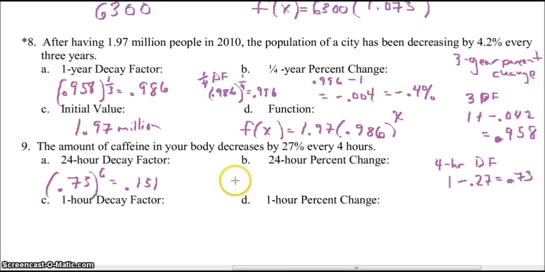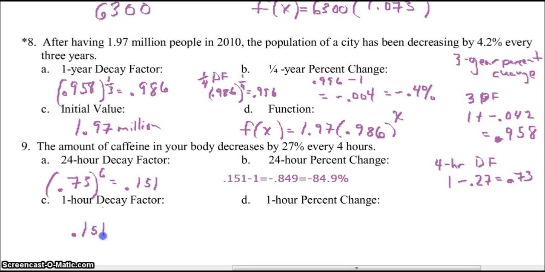Now the percent change will be the growth factor minus 1. Negative 0.849 or negative 84.9%. So an 84.9% decrease. Okay. So here we already have the 24-hour decay factor, which was 0.151.